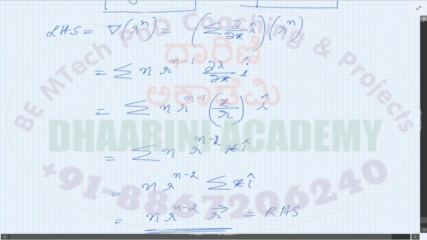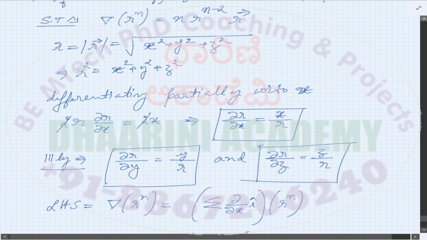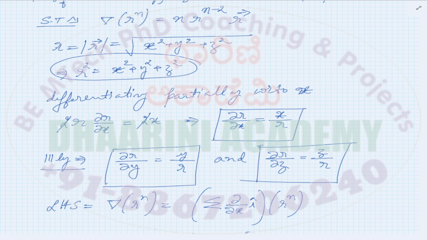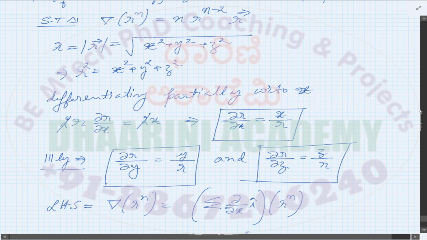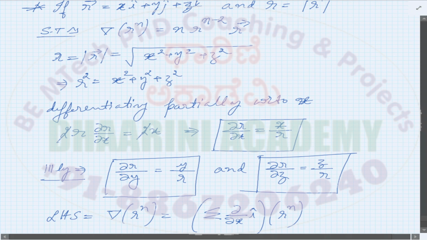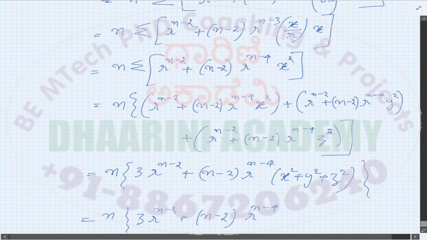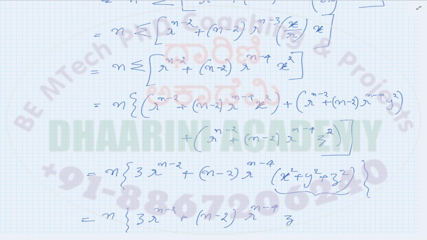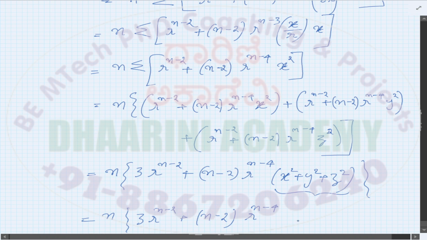We already have proved that x square plus y square plus z square can be replaced simply by the term r square. So now we simply apply that. I can see there is an x square plus y square plus z square over here, so I am going to simply replace that by r to the power 2, or r square.